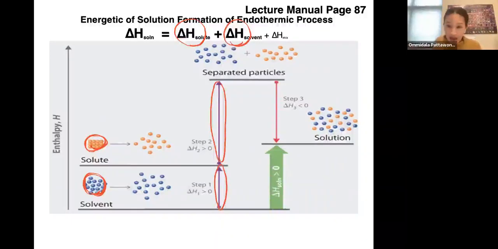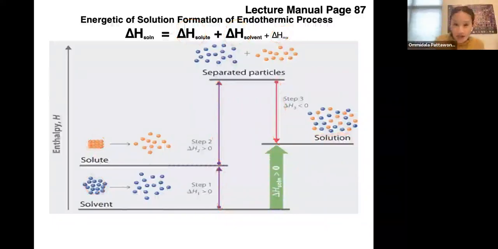In this scenario, if the solute and solvent do not interact with each other well, it's going to end up with a smaller magnitude of the delta H mix. So when they mix, they are not going to give off a lot of energy because the interaction is not as strong. In this case, the overall delta H solution would come out to be a positive value. So this is an endothermic process.